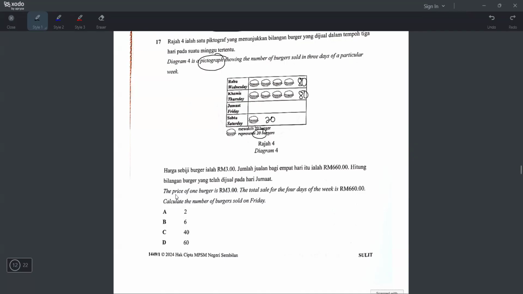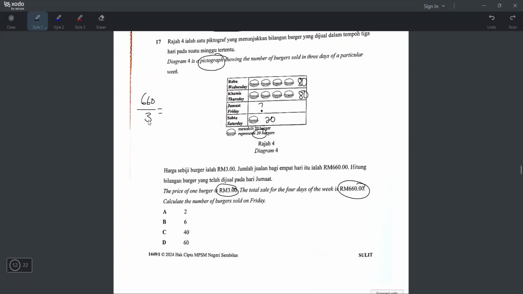Right? Okay, now let's see what it says. The price of one burger is 3 ringgit. The total sale for the 4 days is 660. Calculate the number of burgers sold on Friday. So on Friday he actually sold burgers also, but they never give us. First we take 660 divide by 3. Why? Because one burger's price is 3 ringgit, and if the total sale is 660 ringgit, we can find out how many burgers he sold for the 4 days.